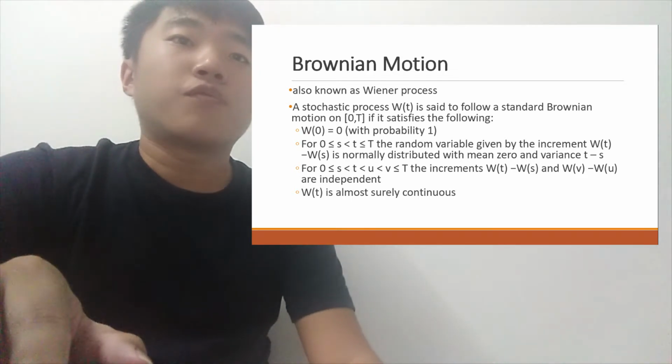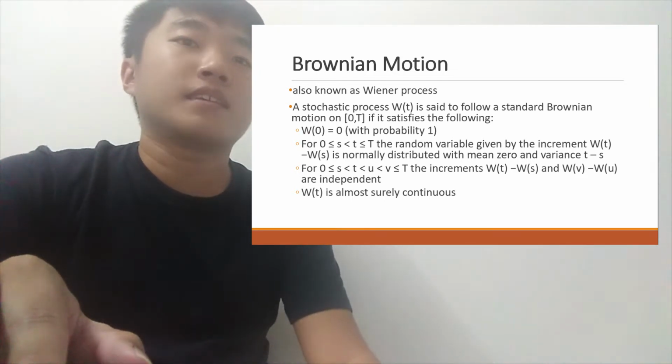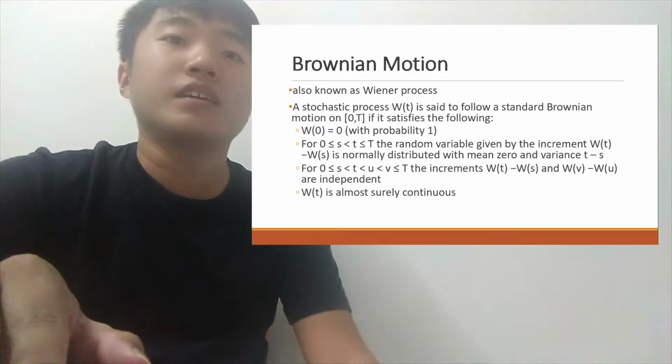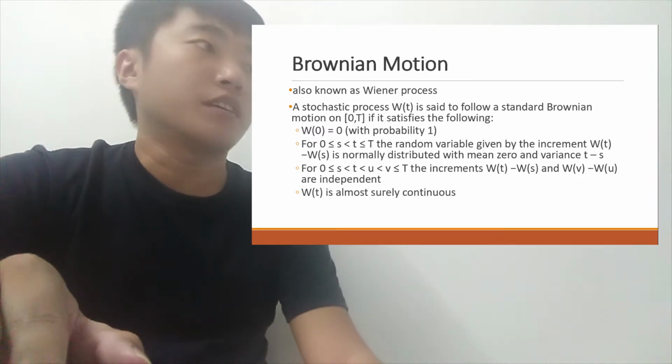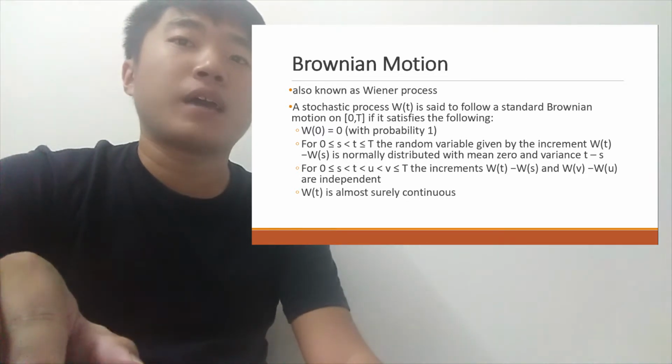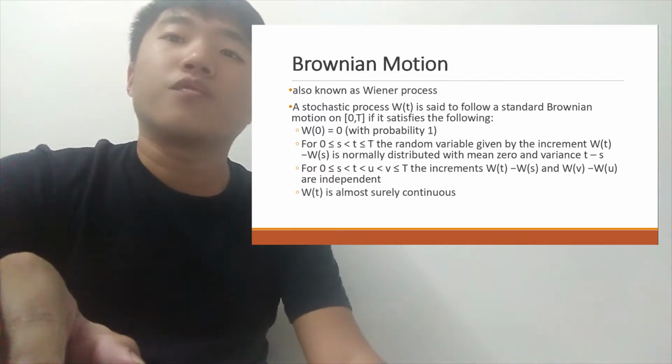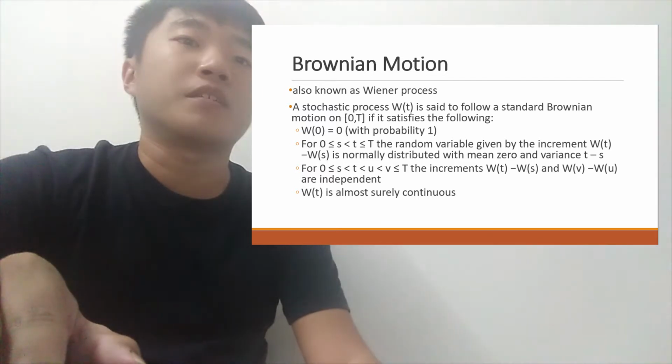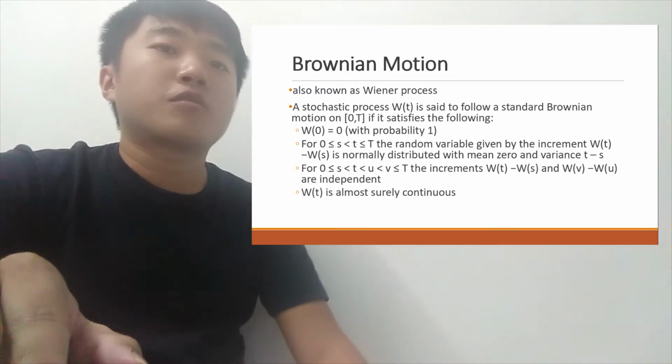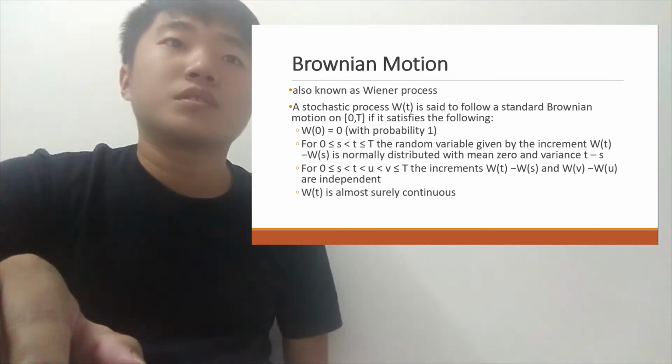For 0 less than s less than t less than u less than v less than T, the increments W(t) minus W(s) and W(v) minus W(u) are independent. And W(t) is almost surely continuous.